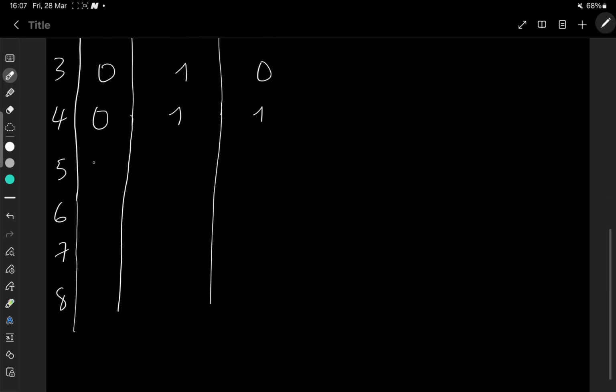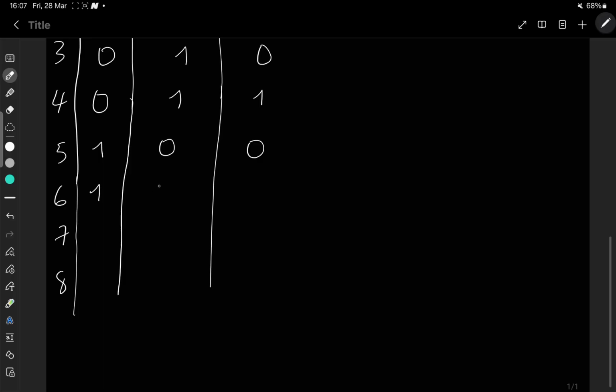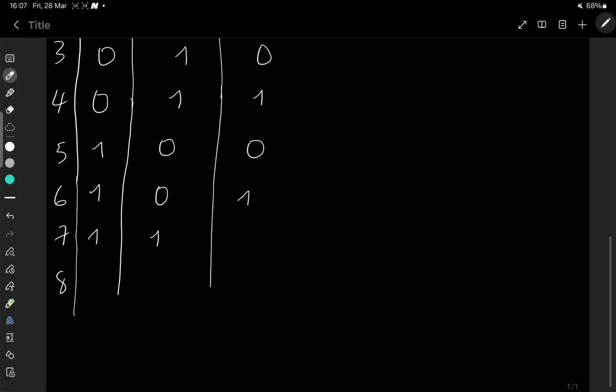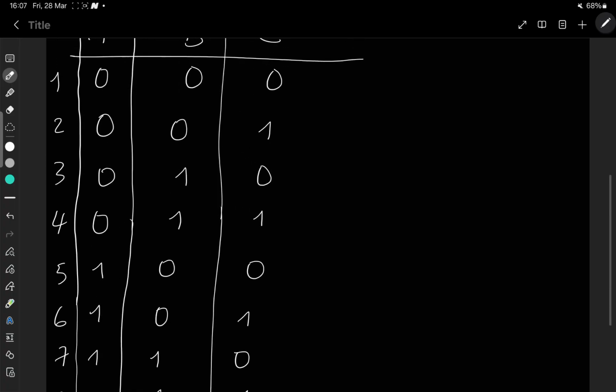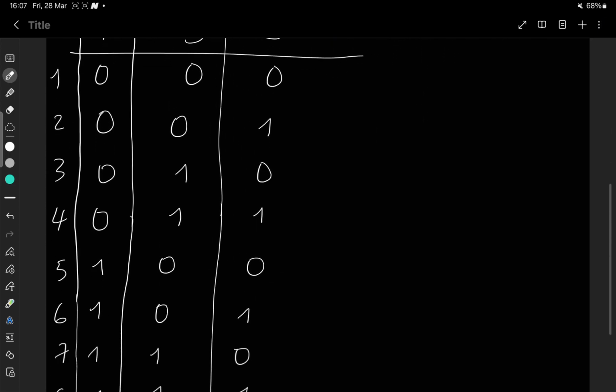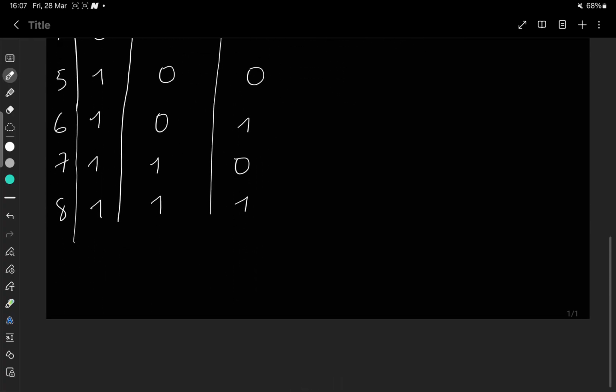The fifth combination gives us 1, 0, 0. The sixth is 1, 0, 1. Then the seventh is 1, 1, 0. Then the eighth combination is 1, 1, 1. We have done the first step, which is to compute the possible combinations for A, B, and C.